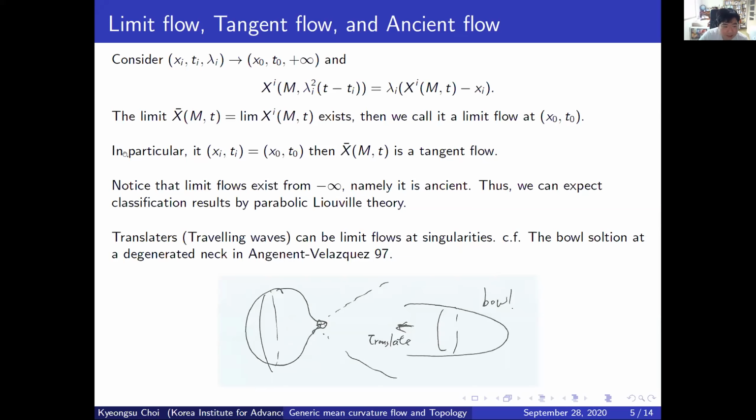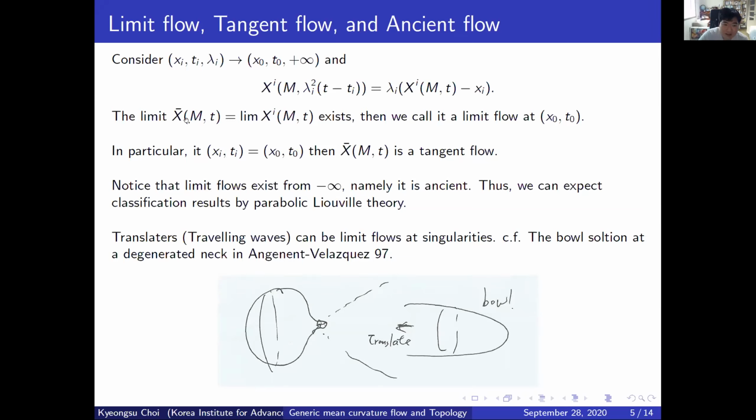You can imagine that because we keep dilating this given mean curvature flow with larger and larger parameters, these flows exist for longer and longer time, and they all end at t equals 0.